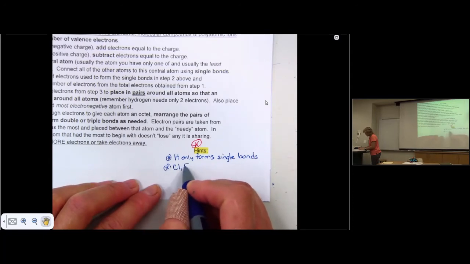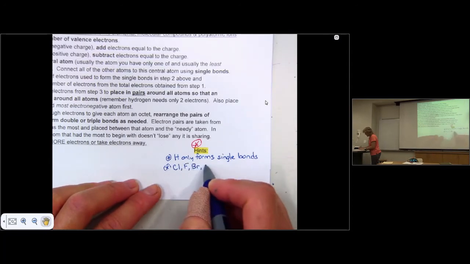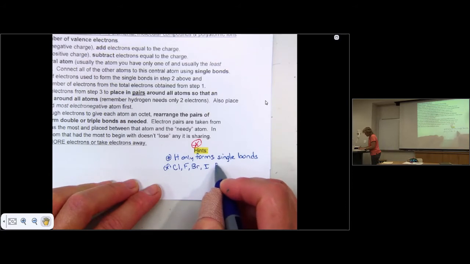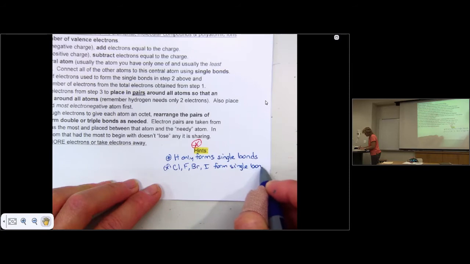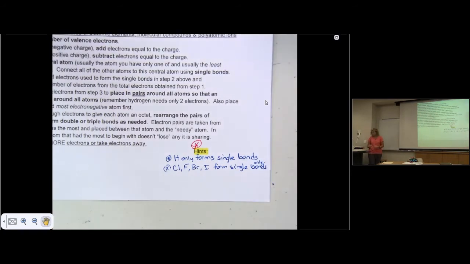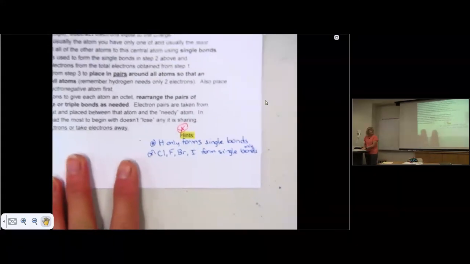Chlorine, fluorine, bromine, and iodine form single bonds only. I ran out of room there, so I put "only" at the top. They form single bonds only.